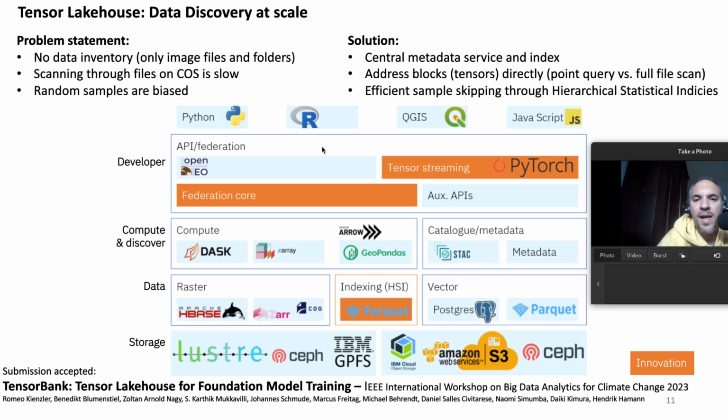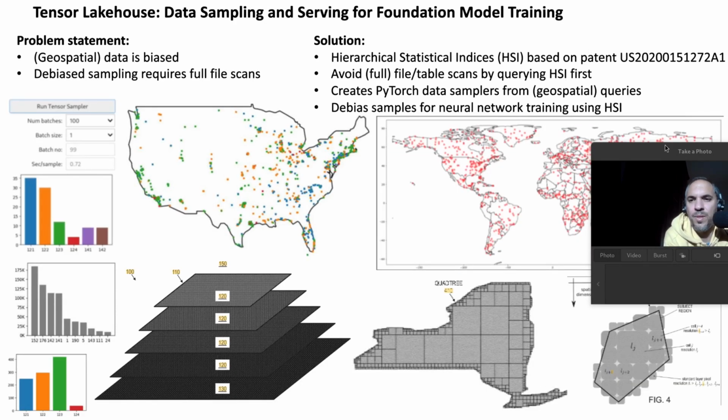And the other thing we can do, besides answering queries or optimizing queries via this hierarchical statistical index, is use it for de-biased sampling. So let me actually show you what I mean by that.